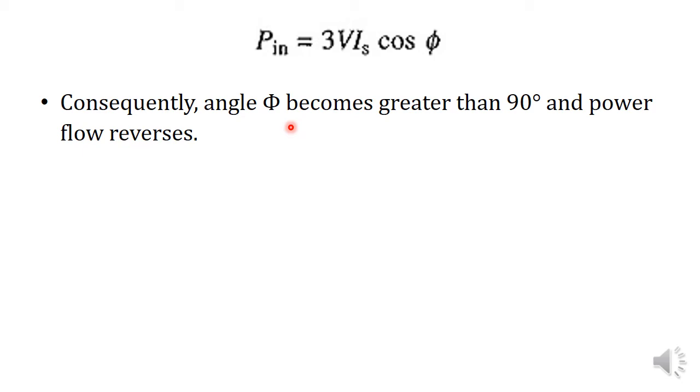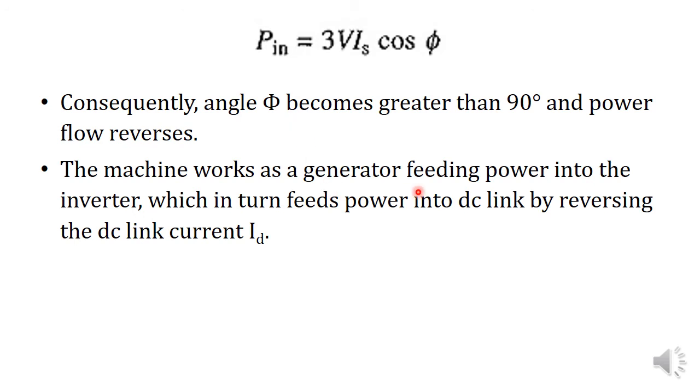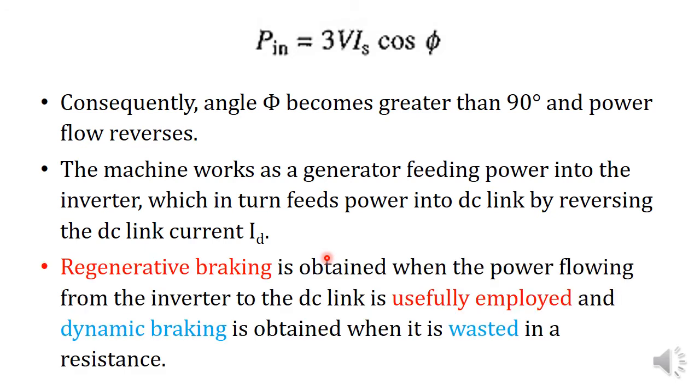That is, power flows from the machine to the inverter. The machine works as a generator feeding power into the inverter, which in turn feeds the power into the DC link by reversing the DC link current ID. And there are two possibilities.